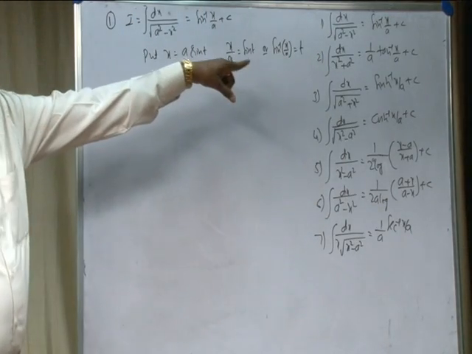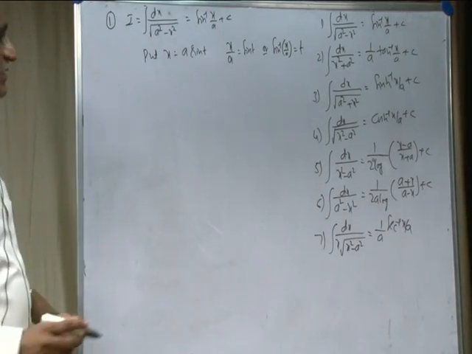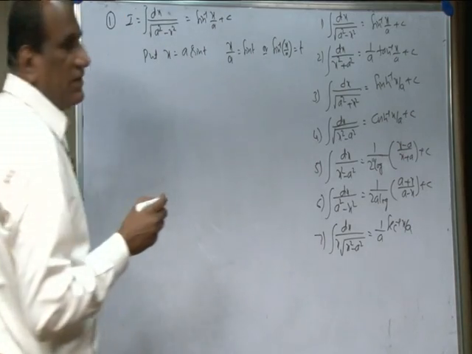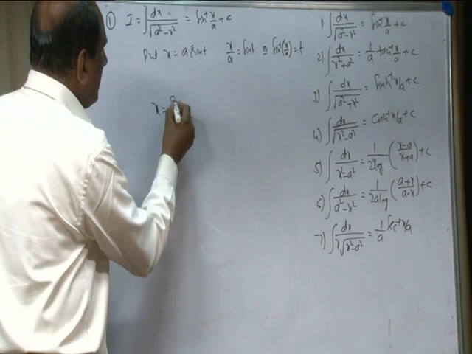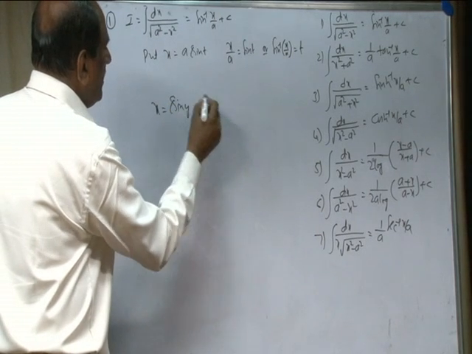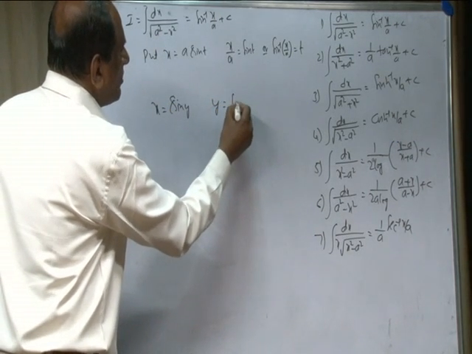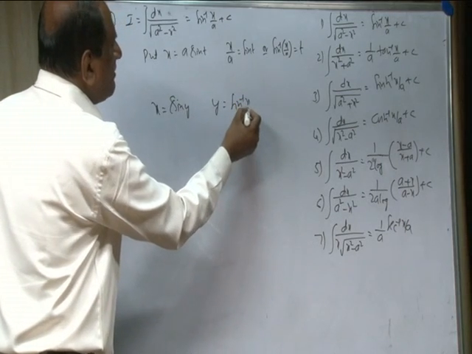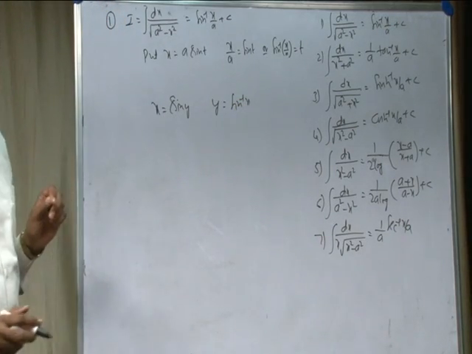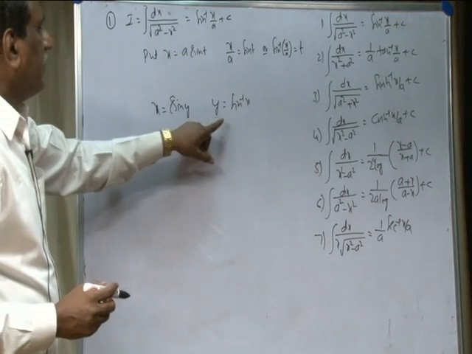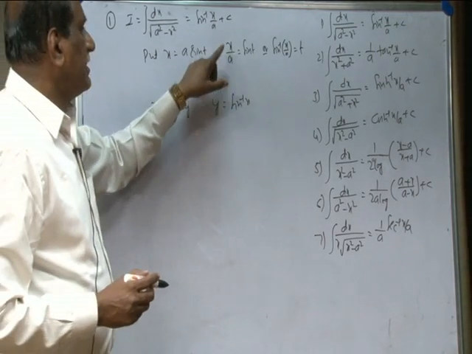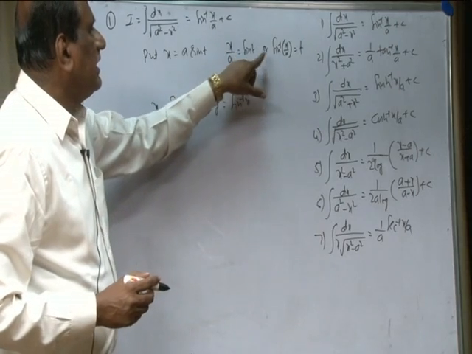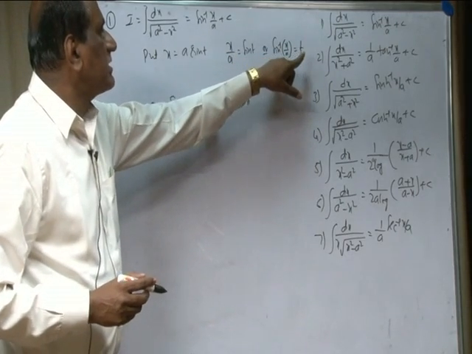By the definition of inverse trigonometric function, if x is equal to sin y, then y is equal to sin inverse x, that is sin inverse x is the inverse of the function x is equal to sin y. This is the definition of inverse trigonometric function.